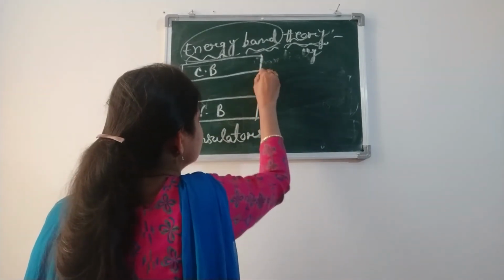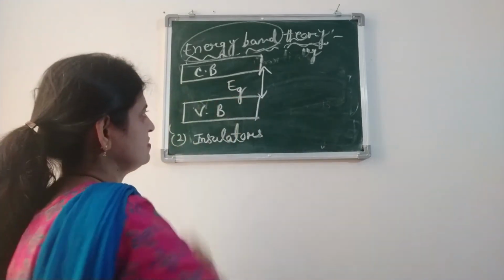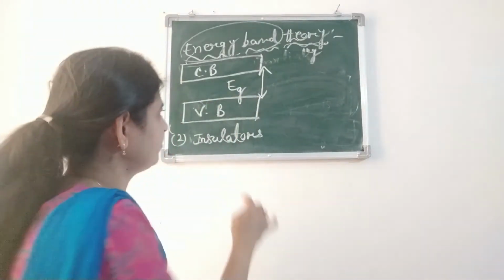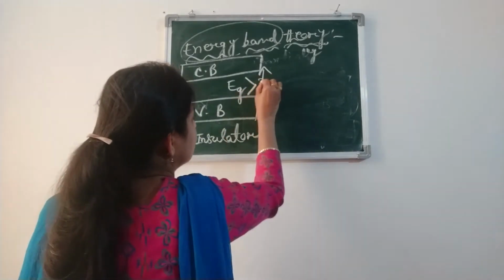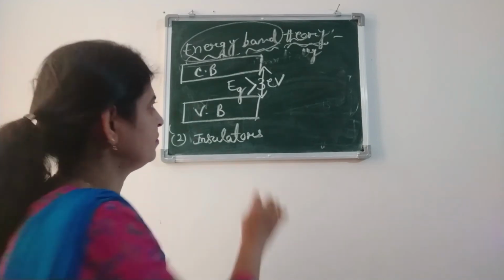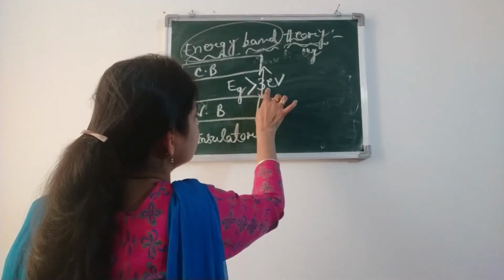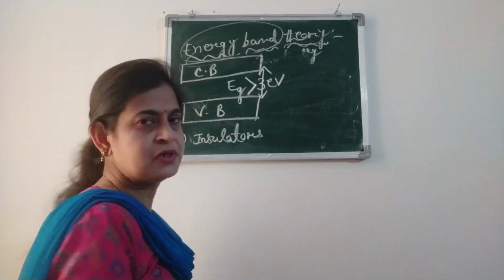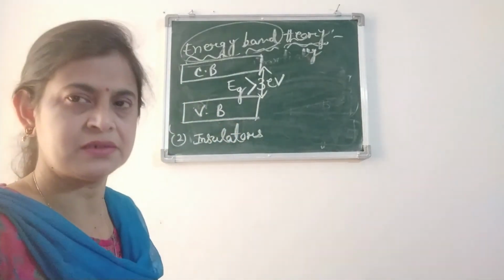Then the energy gap, Eg, the forbidden energy gap, is very large. The energy gap will be greater than 3 electron volt, so that no electron will transfer from the valence band to the conduction band.